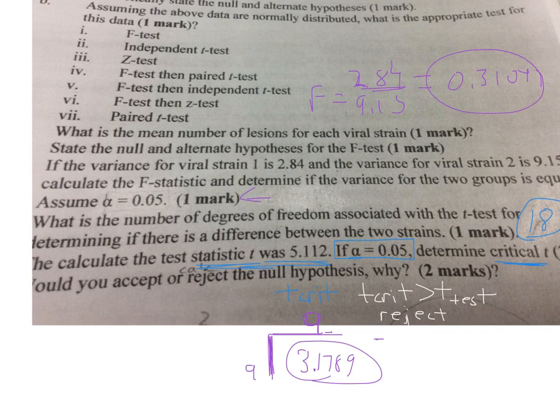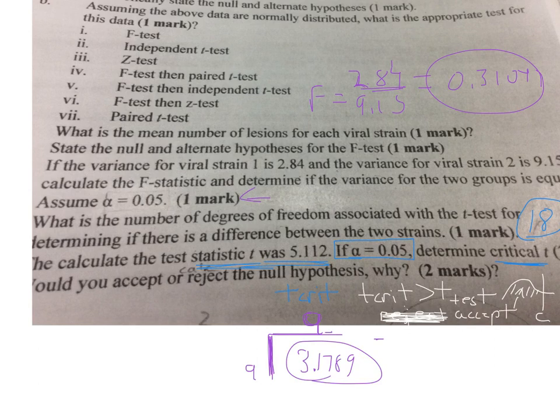Oh, I'm sorry, I did that backwards. If the t-crit is greater than the t-test, then that puts the t-test inside the normal region. Here's your normal region, your t-crit is here, and your t-test would be smaller, which would put it in the normal region. So you would accept the null in that case.